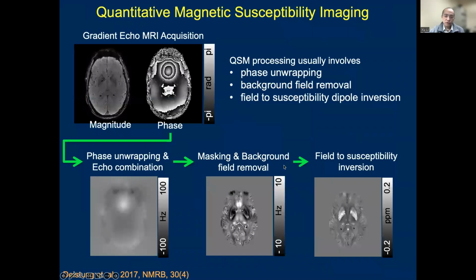For doing QSM, we usually use a standard gradient echo sequence, usually multi-echo. Then we use the phase image to derive the QSM maps through multiple processing steps, including phase unwrapping, echo combination, masking, background field removal, and finally the field-to-susceptibility inversion.